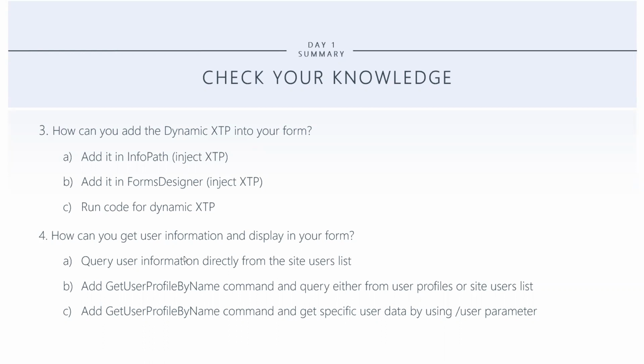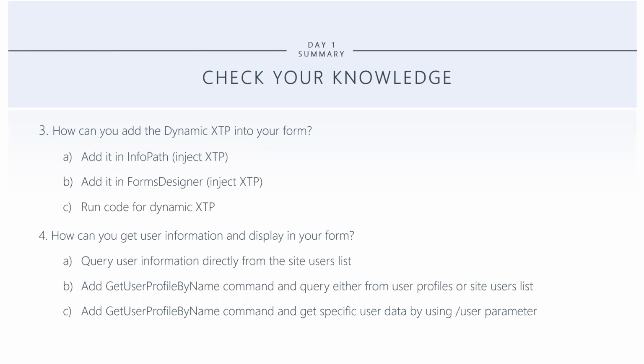Oh, so the question is about how you can get user information, like your current information. If you have an account in SharePoint, it will normally be in a profile store or the site users list, and we query that.